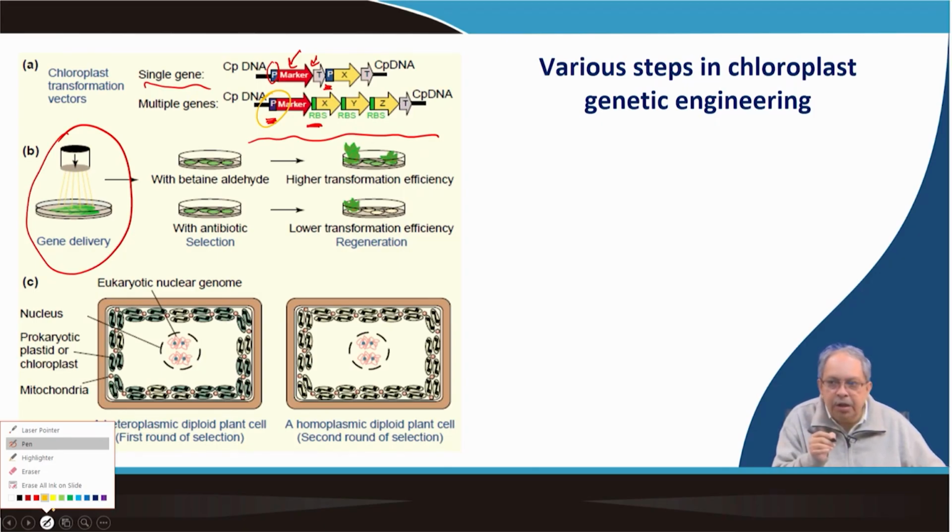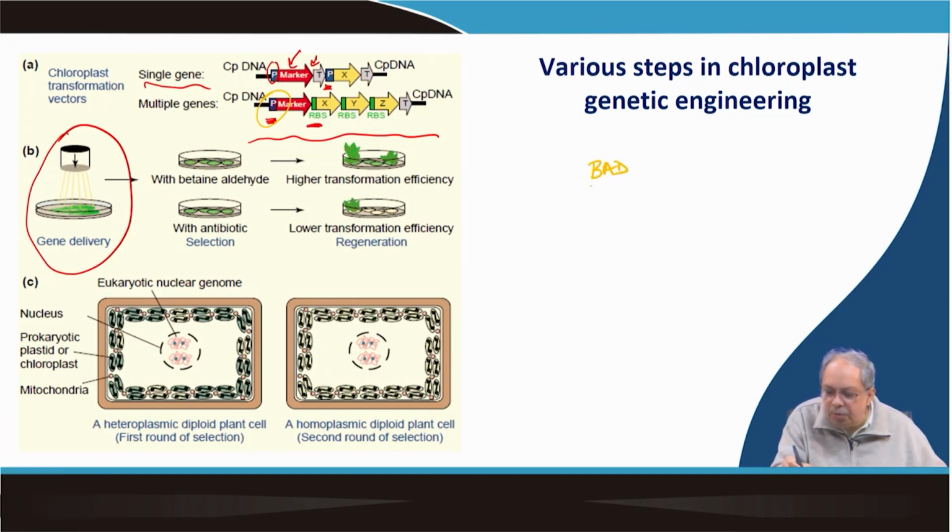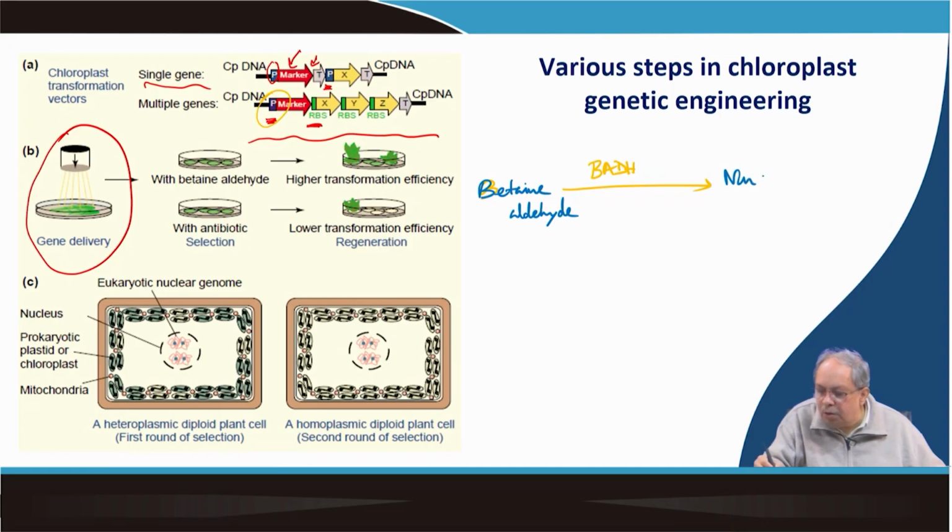Normally betaine aldehyde is toxic to the plant tissue, but if betaine aldehyde dehydrogenase is there, it will convert the toxic betaine aldehyde to a non-toxic product, which is glycine betaine, and that is utilized by the plant.